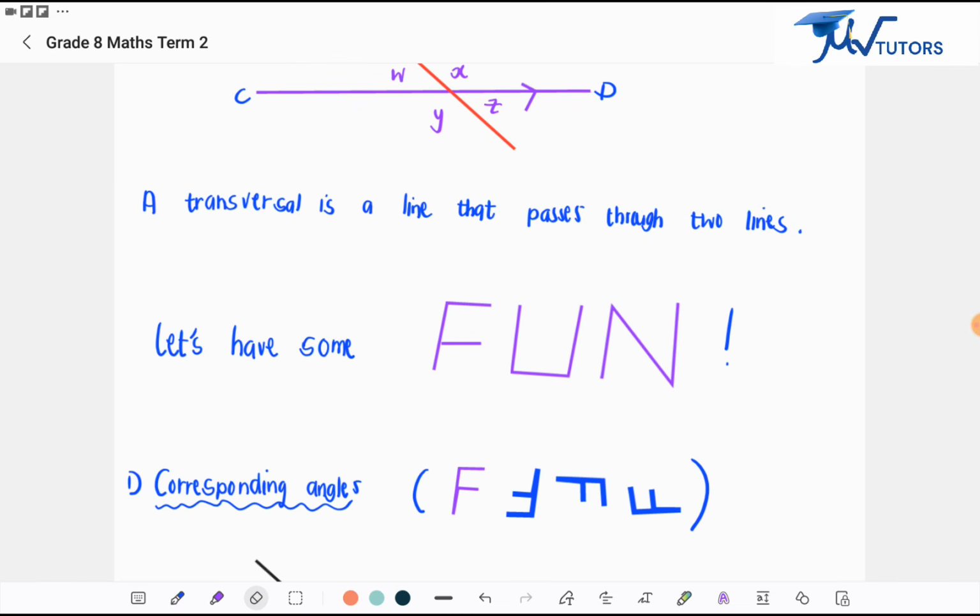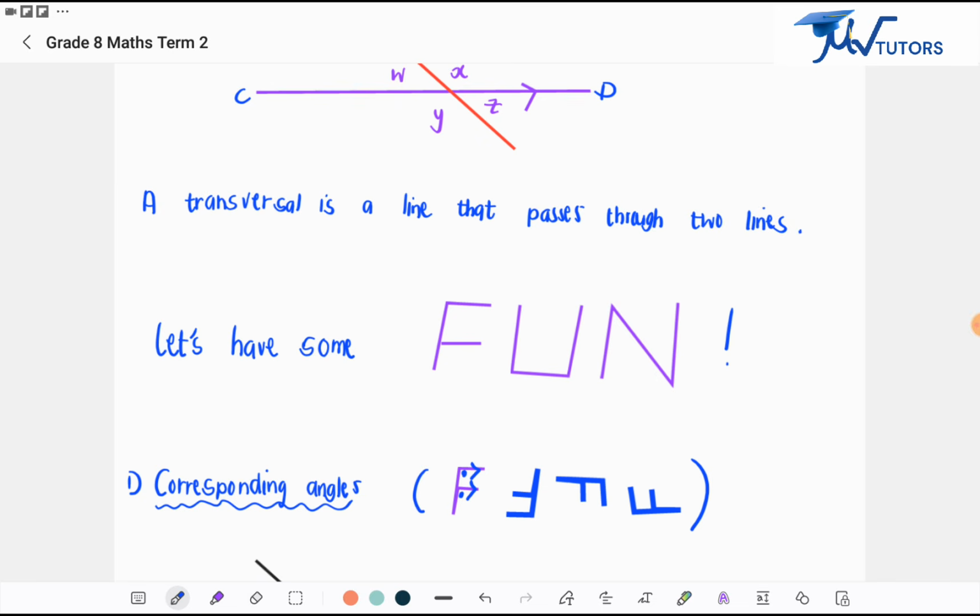Now let's talk about F. Basically, you have two parallel lines, and if you see that you can form an F, then you know, okay, fine, below these parallel lines angles can form. Now what happens to these angles? These angles are actually corresponding.